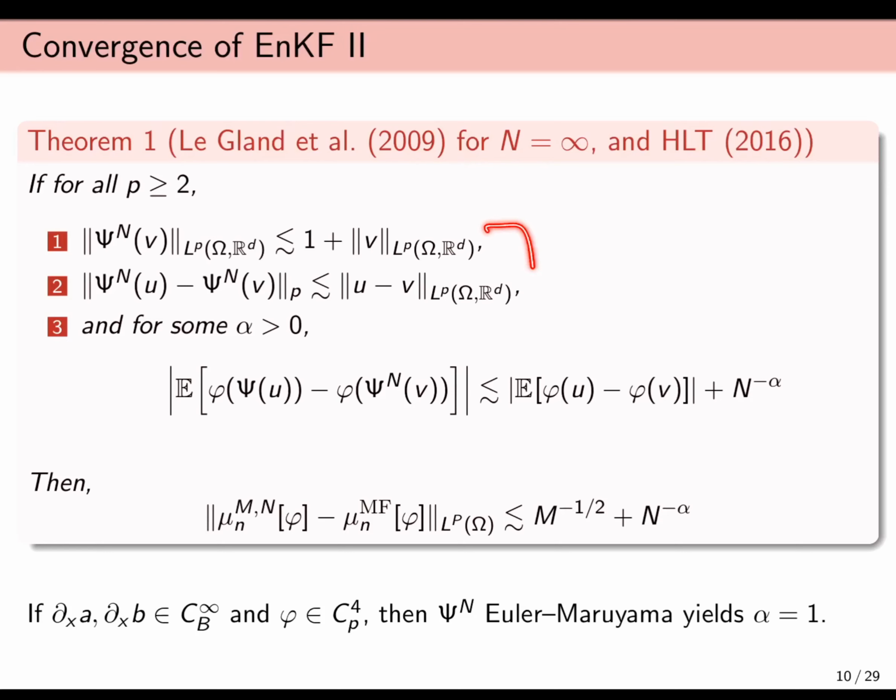So if we have this kind of regularity assumptions, these are basically some stability assumptions for the dynamics for whatever kind of discretization parameter, and these ensure the existence of a mean field measure. And on top of that, if we also have that there exists some parameter alpha, which we can essentially associate to the weak convergence rate of the SDE, so it enters here. Well, if these three conditions hold, then in L^p(Omega) sense, EnKF converges towards the mean field measure for your quantity of interest with the rates which are given here.